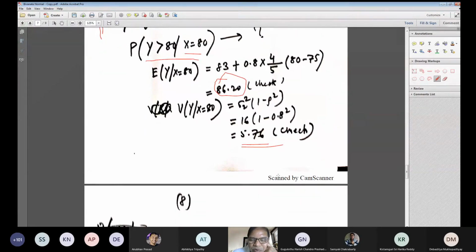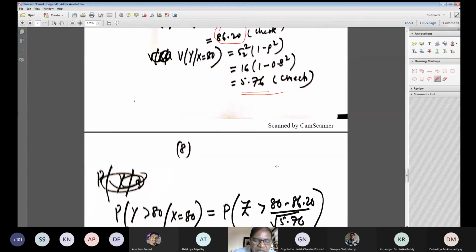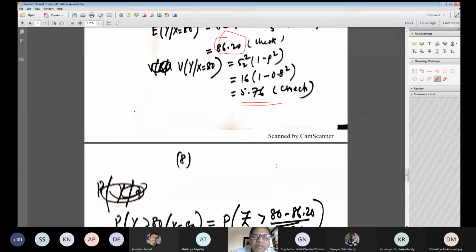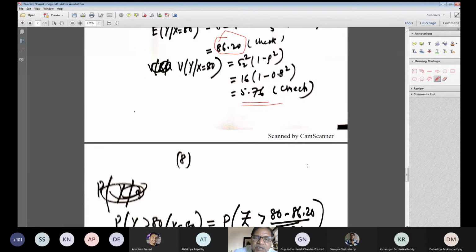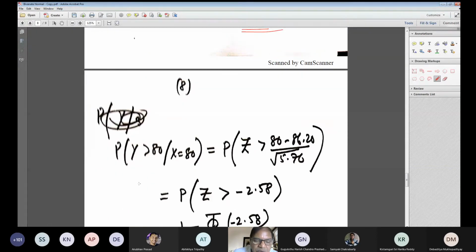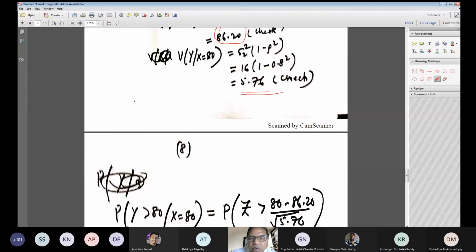If you remember the theory which we have already discussed for the normal distribution, if a random variable is normally distributed with given mean and variance, we can always find the required probabilities using the standard normal table. So it has been established that y given x is normal with mean 86.2 and variance 5.76.